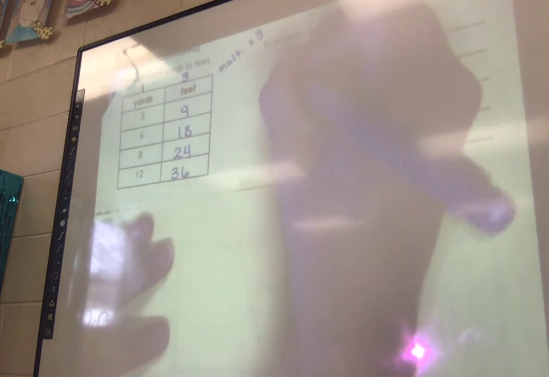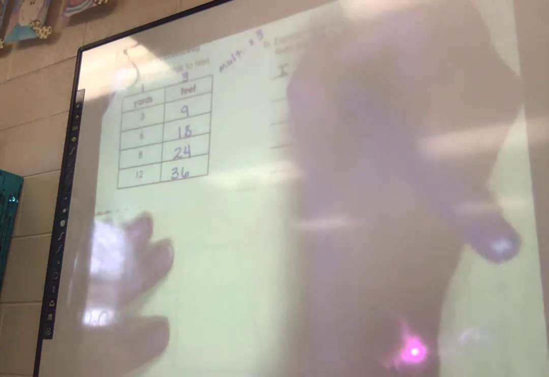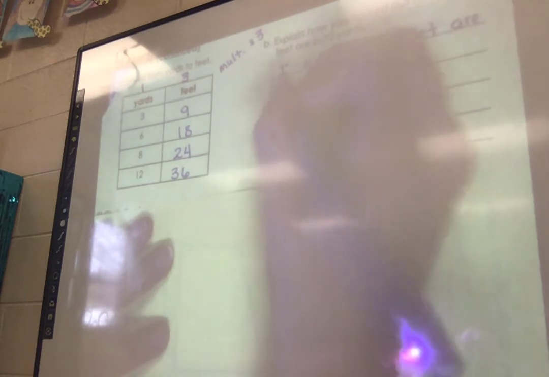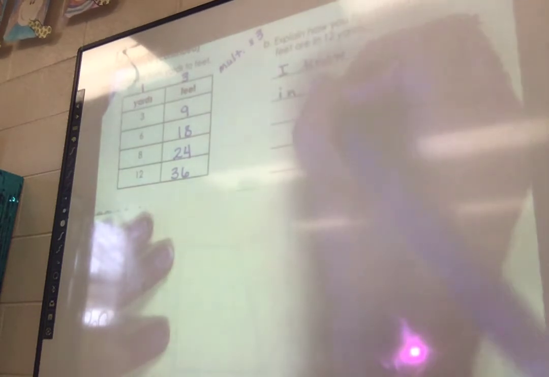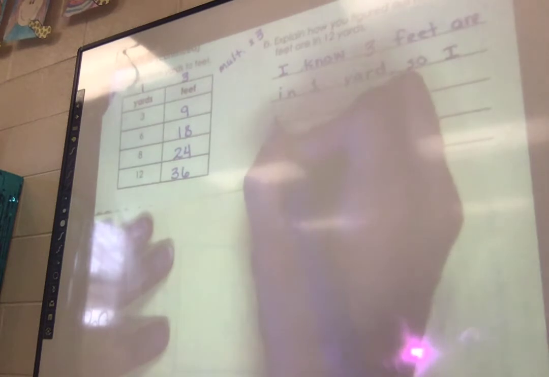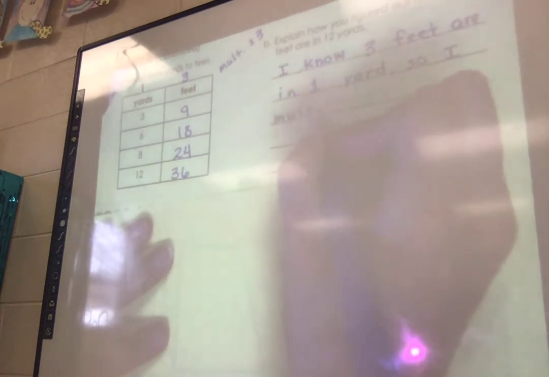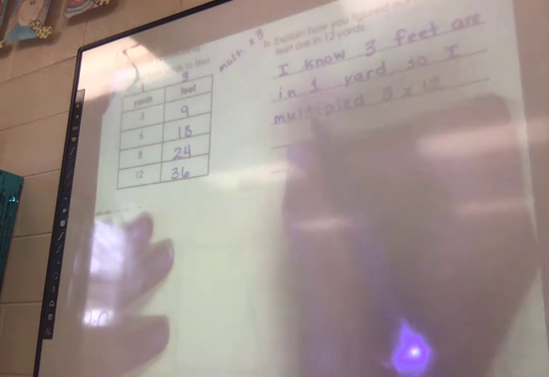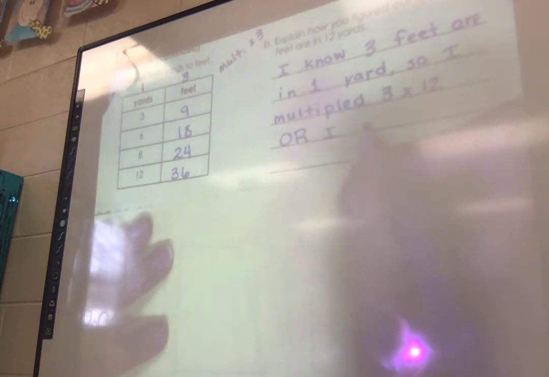So we would say that we know. So I know 3 feet are in 1 yard. So you multiplied 3 times 12, or you could say this, or I skip counted.